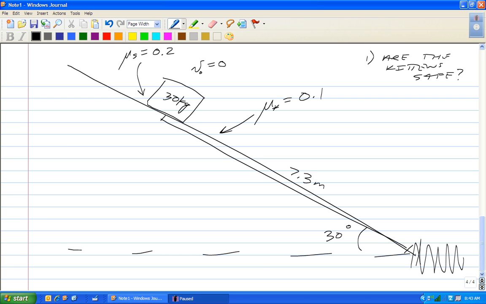If the normal force on this incline produces a frictional force that is enough to keep it set. If the answer to that is yes, then that trivializes the second question.